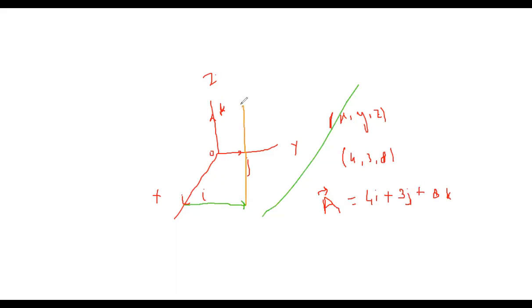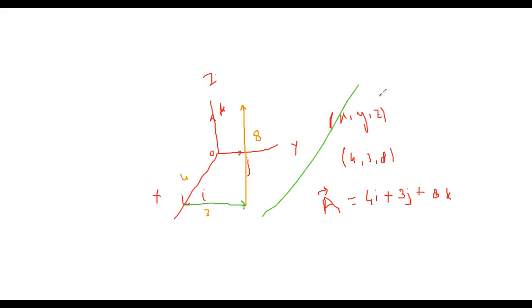Student, you can see very clearly, this is 4, this is 3, and this is 8. These are the three coordinates of x, y, and z. When you see the whole view, the x, y, z ordered pair is 4, 3, 8 as an example.